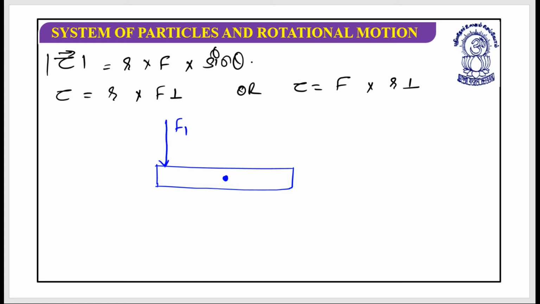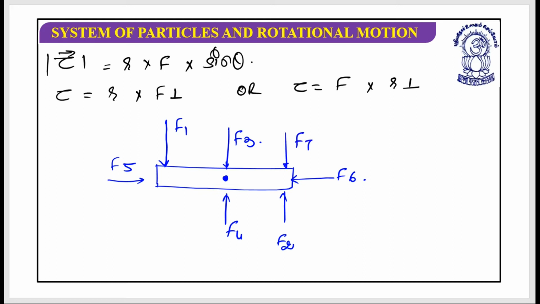This is force 1, this is force 2, force 3, force 4, force 5, force 6, and force 7. Now you need to find out the torque due to the different forces. Let's assume that this distance is L, and this distance is also L. So what would be the torque due to the different forces?